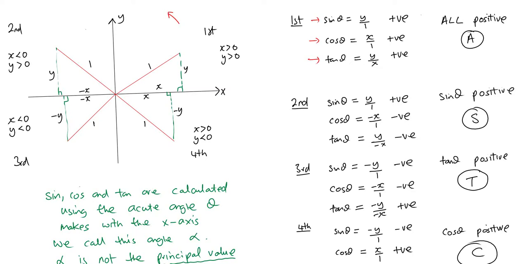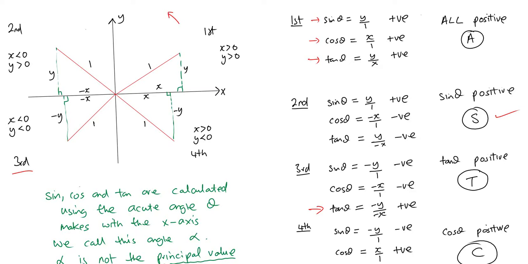You can see that they're all positive in the first quadrant, x, y, all the ratios. But in the second quadrant, because x is negative, the only one that's positive is sine, because it's y over 1. In the third quadrant, x and y are both negative, so the only one that's positive is tan, because that's minus divided by a minus.